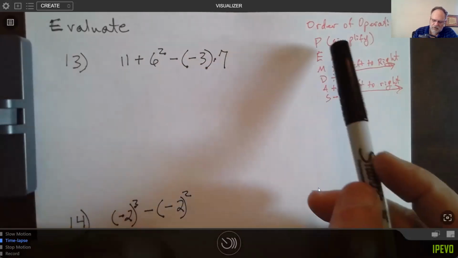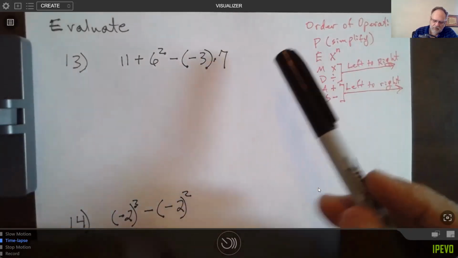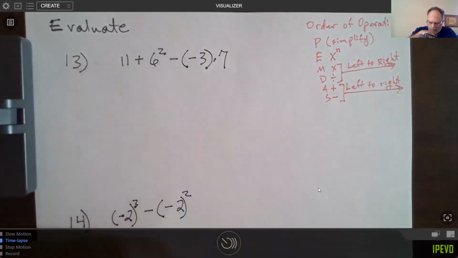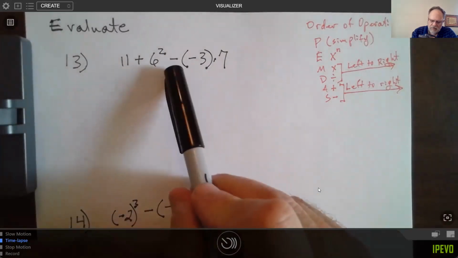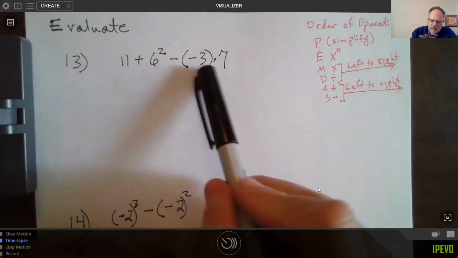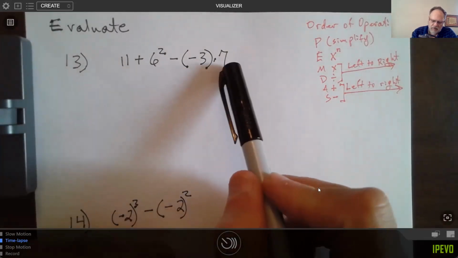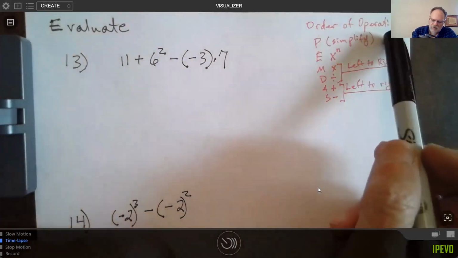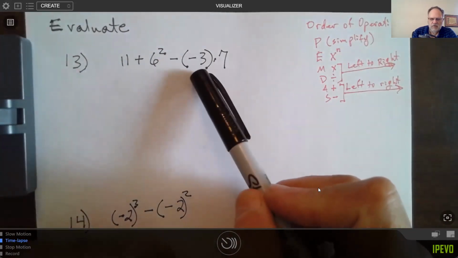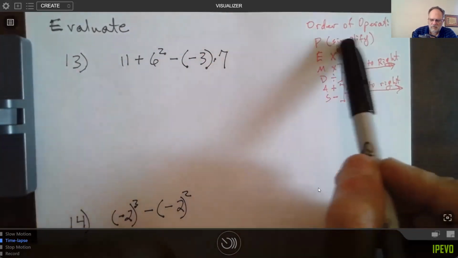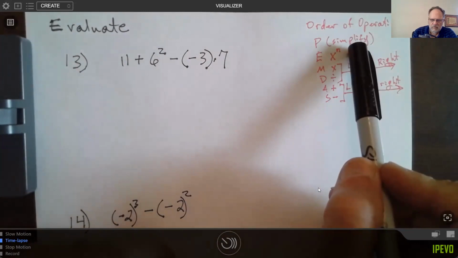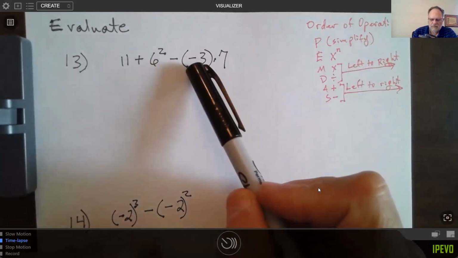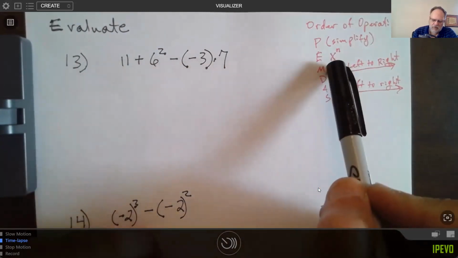So first thing we're going to look at, we have addition, we've got exponents, we've got subtraction, we've got multiplying negatives, and we've got multiplying on the end. Since there's nothing to simplify in this parentheses, it's just a single term, we really don't consider parentheses because it's already simplified as a single term. So now we go to exponents.